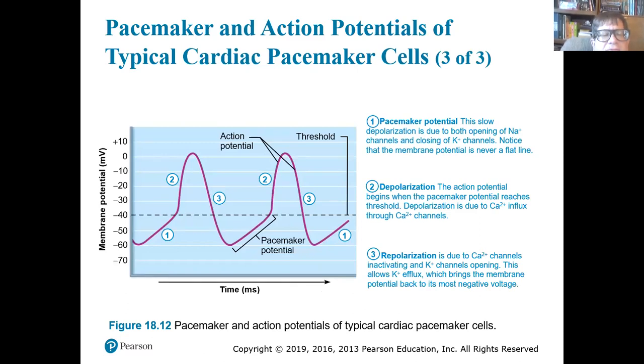So here we have going through step by step what's happening. You can see that during the pacemaker potential, the potassium channels are closed, the sodium is leaking, so we get more and more positive. If you hit the threshold and open the calcium channels, calcium rushes in. That causes a depolarization wave, and that's going to go on until we open the potassium channels.